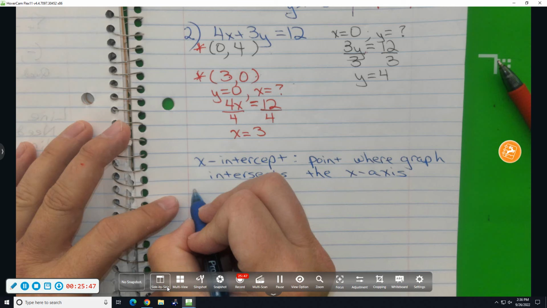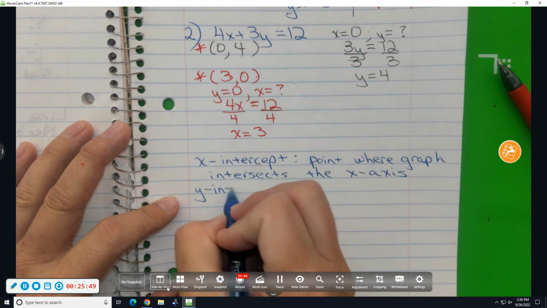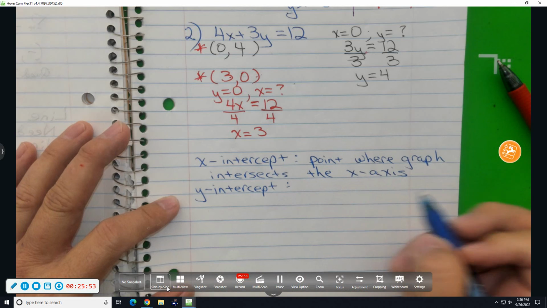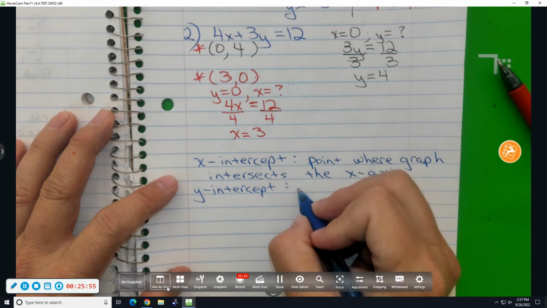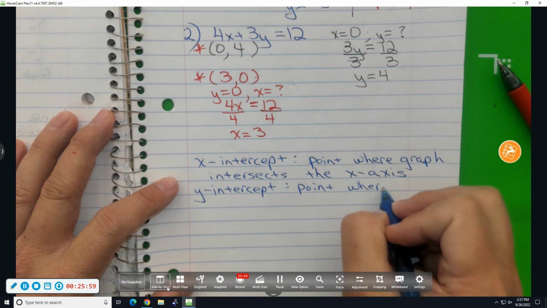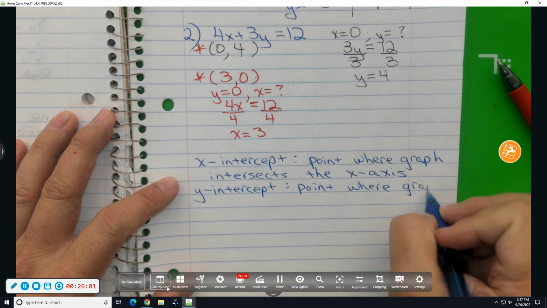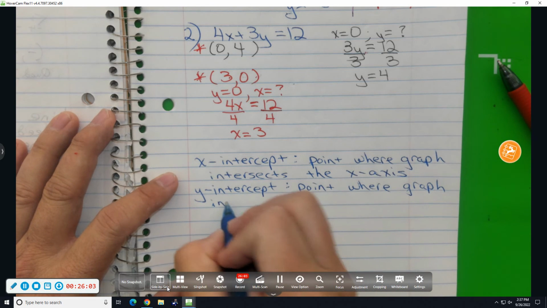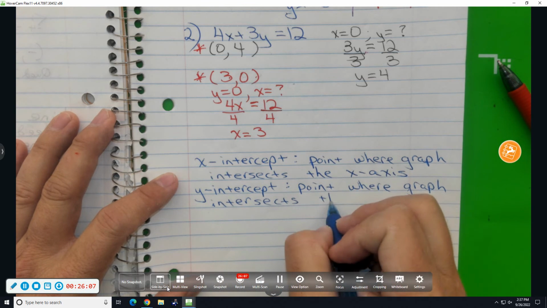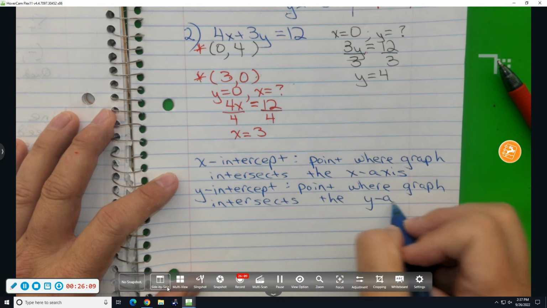And the y-intercept, that's the point where the graph intersects the y-axis.